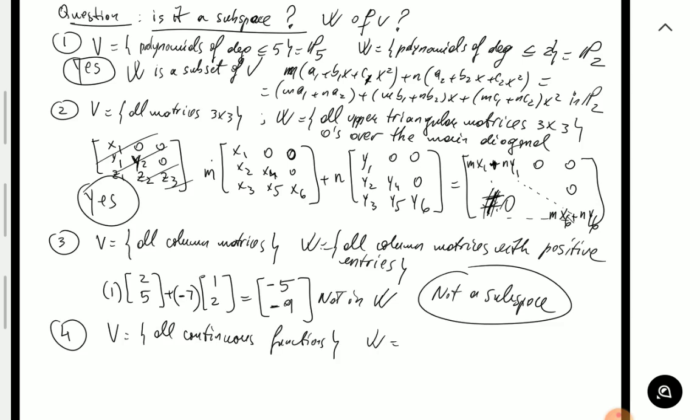And W given by, say, real functions such that f of 0 equals 3. Right, so first of all, is W a vector space?